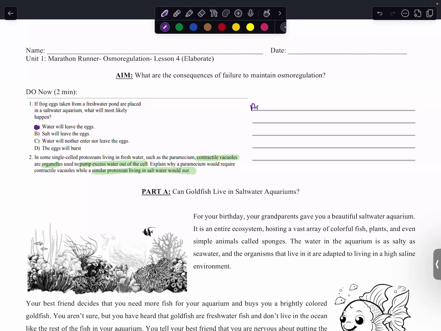So, an organism living in freshwater lives in a hypotonic environment. So H2O or water is constantly entering the cell or cells.